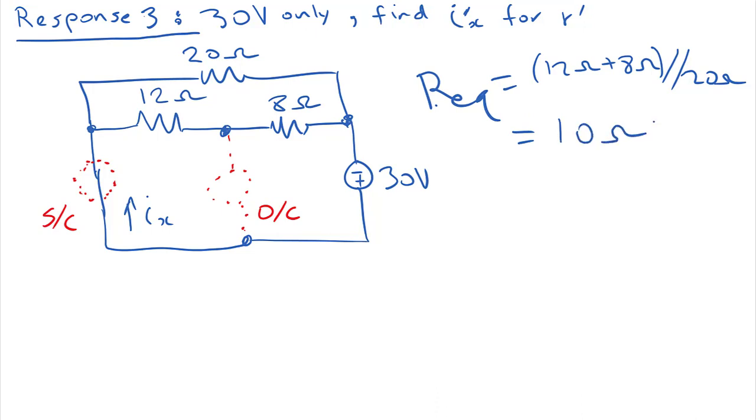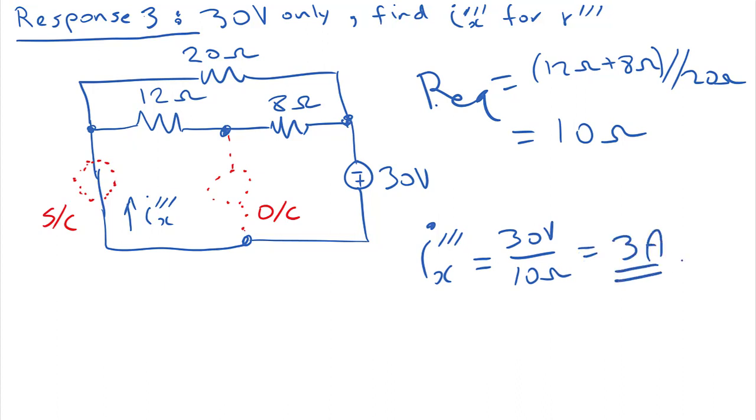So then, of course we're calculating the third response, so it's I triple prime x for the third response. So let's just label it properly. Okay. And then we can calculate I triple prime, and the current's flowing in the right direction, so that's perfect, so we don't have to compensate for it. So we have I triple prime x is equal to 30 volts divided by 10 ohms, which works out to 3 amps.